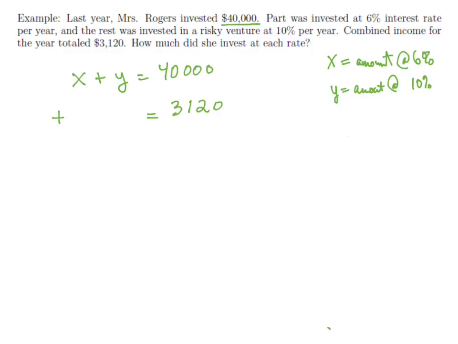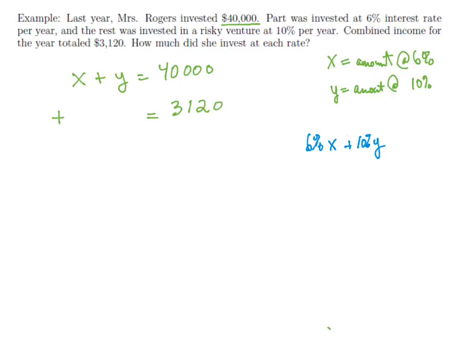So what's happening is two values are getting added together, and that's going to add up to 3,120. What needs to happen is, well, whatever amount was earned at the 6% interest plus whatever amount was earned at the 10% interest. So how we could write this is 6% of some amount, and the amount that is invested at 6% is X, plus 10% of whatever amount was invested at the Y amount, and that is going to add together to equal $3,120.